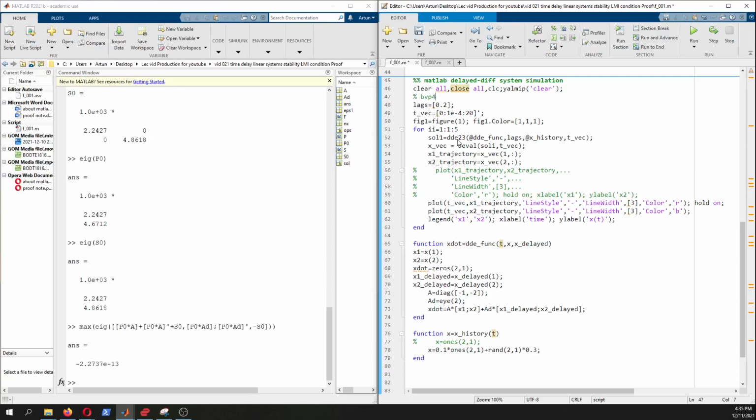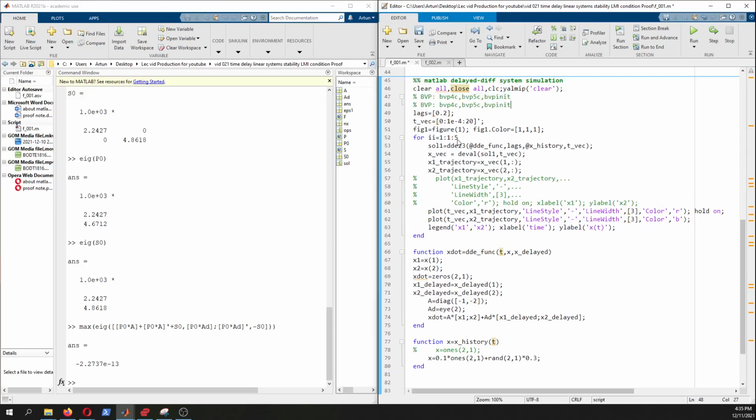BVP4C, and there's also BVP5C and BVPINIT. Okay, this is for boundary value problems, BVPs. And for ODEs, we all know ODE45.